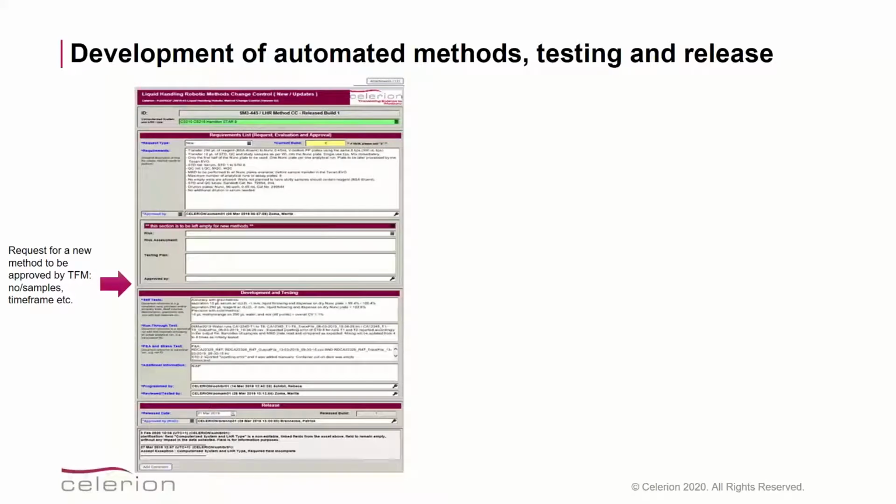After this approval, the scientist and the automation specialist compile a list of requirements that the method needs to fulfill, like volumes, incubation times, labware, special considerations regarding stability, etc. Based on these requirements, the method is developed and tested according to our standard procedure. As you can see, everything is a little bit small, but everything is signed.